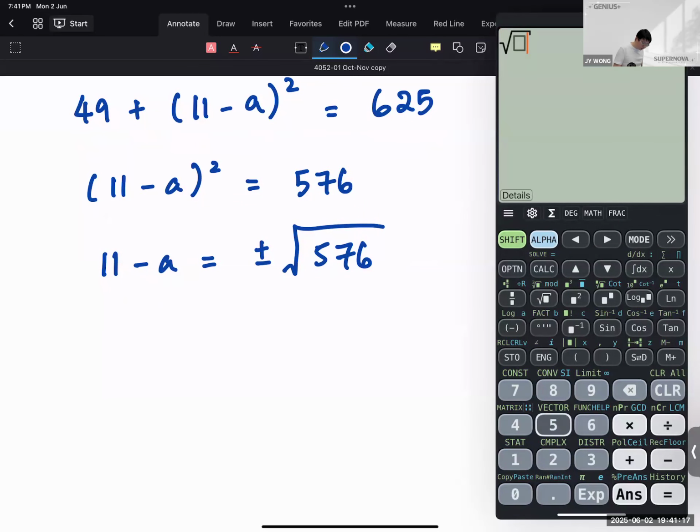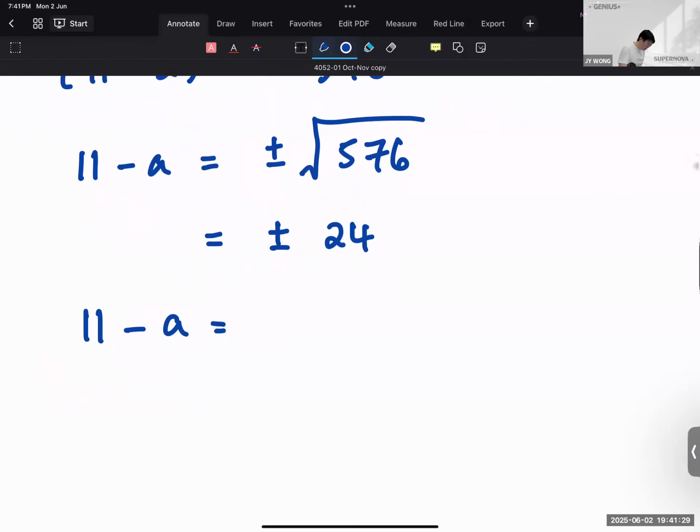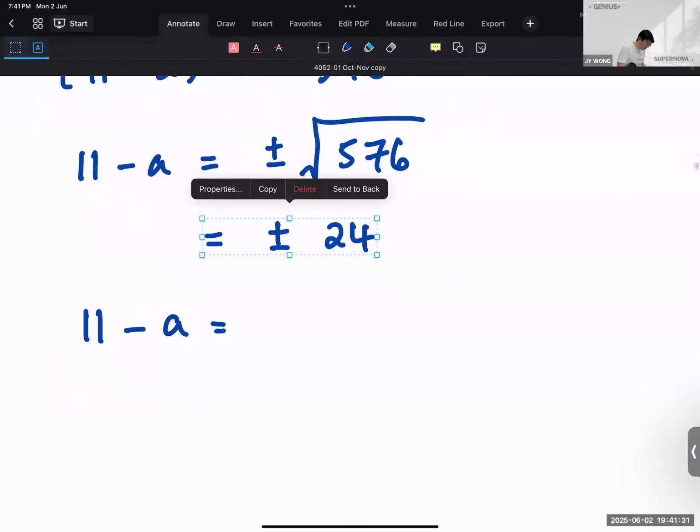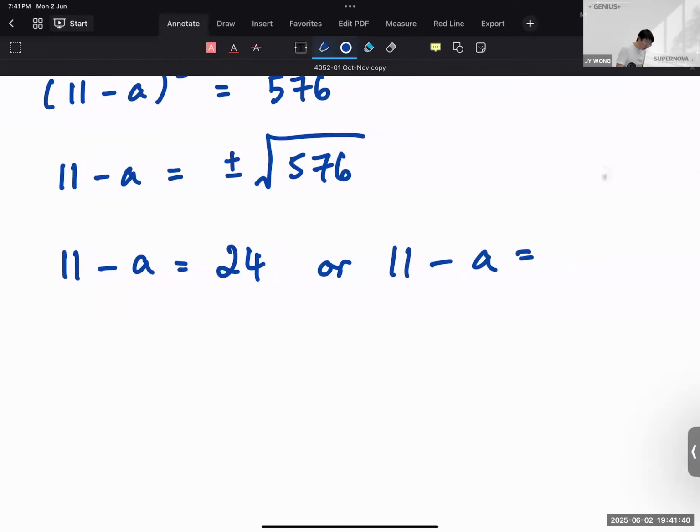So what is plus minus square root 576? 24. And therefore 11 minus a equals to plus minus 24, right? So 11 minus a equals to 24, or 11 minus a equals to negative 24.